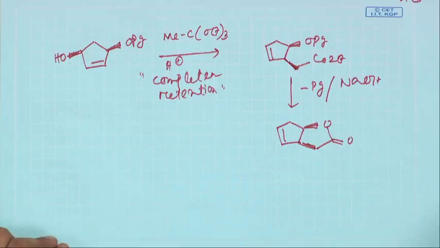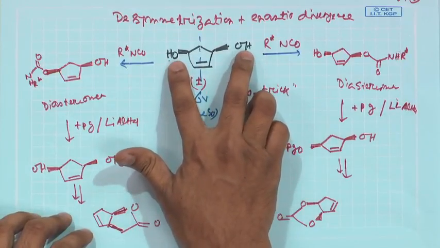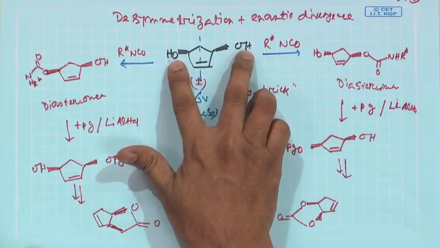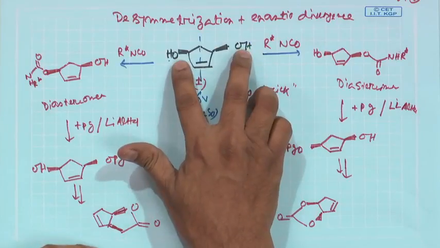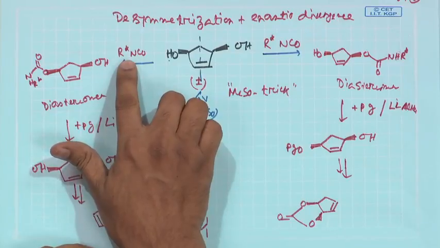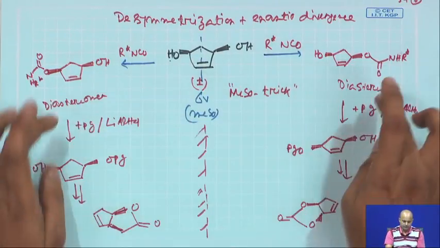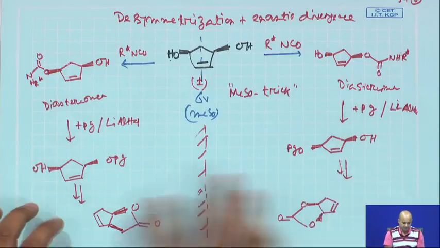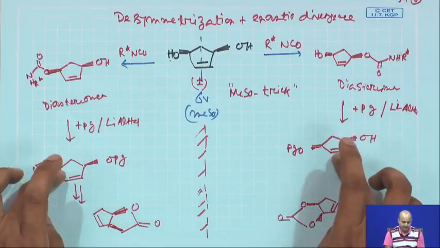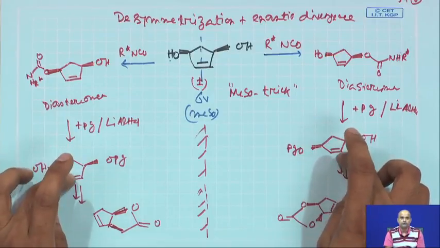So, what we did was take the meso compound, which, and this is sure, has similar chemical reactivity at both positions. We reacted it with the chiral derivatizing agent to get the diastereomers. We separate the diastereomers and then we get two compounds which are enantiomers of each other.